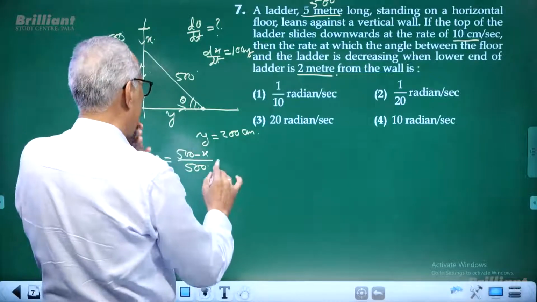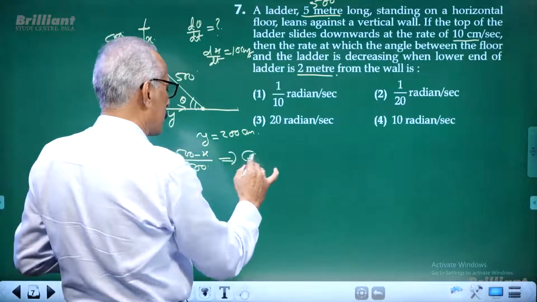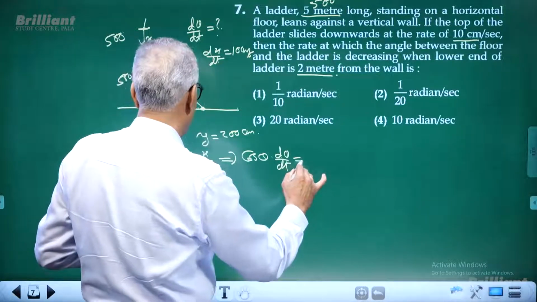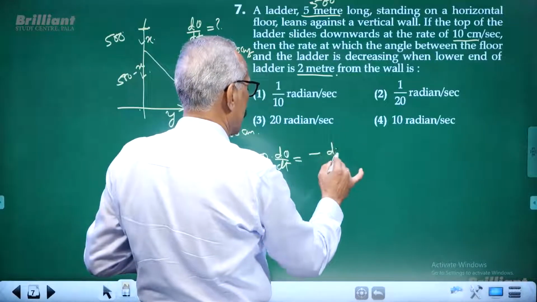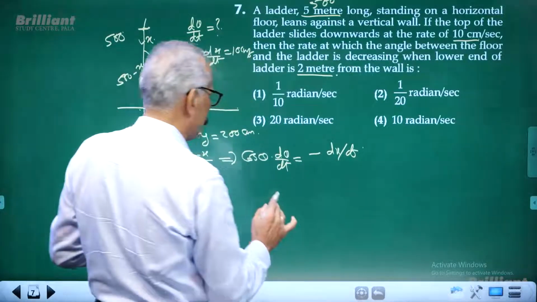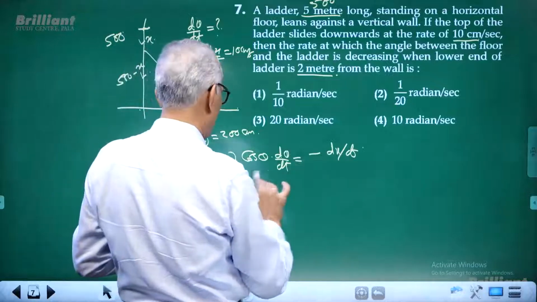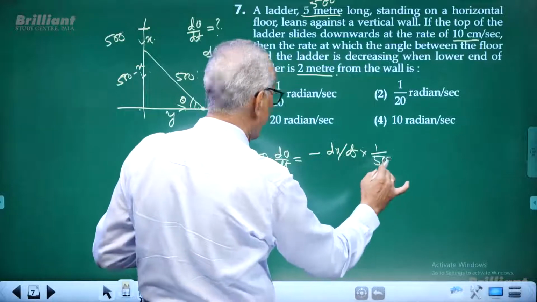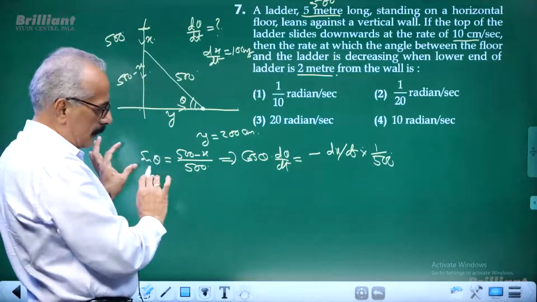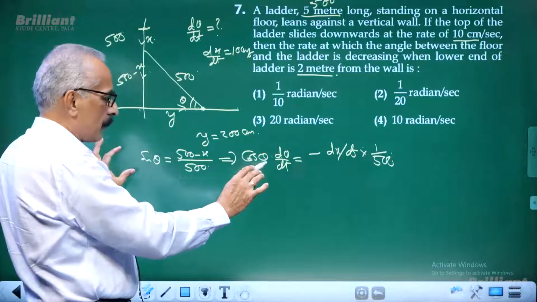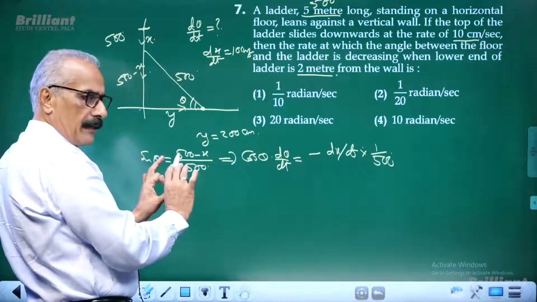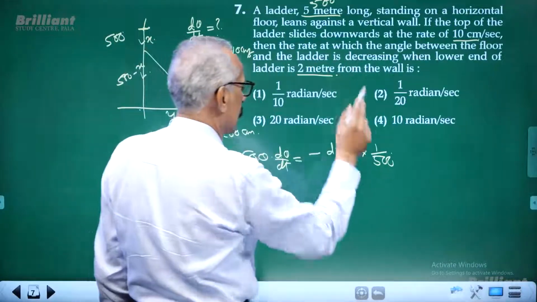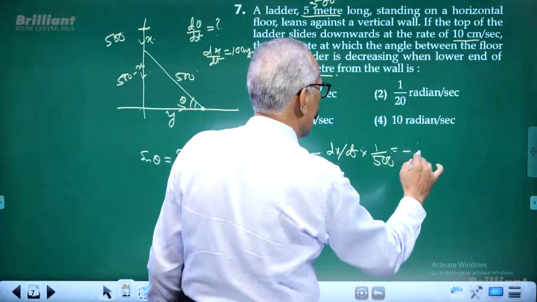Then differentiating both sides, cos theta into d theta by dt equal to 1 by 500 into 0 minus dx by dt. Fine. Dx by dt is how much given? 10 centimeter. Well, this will become minus 1 by 50.